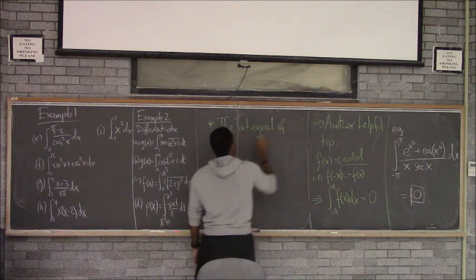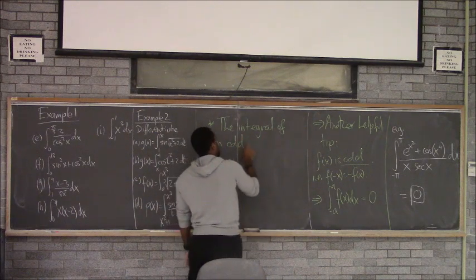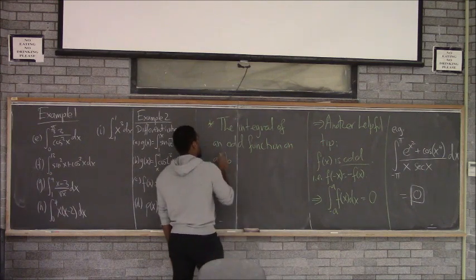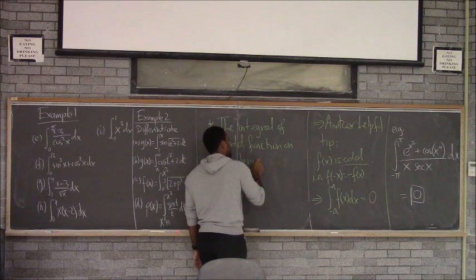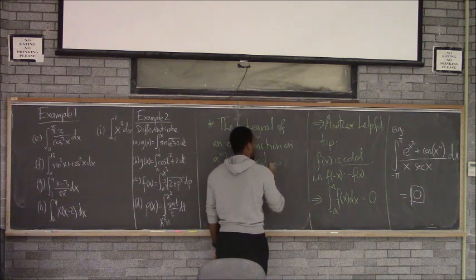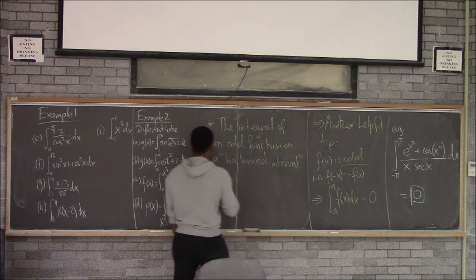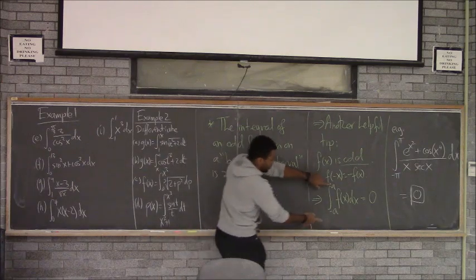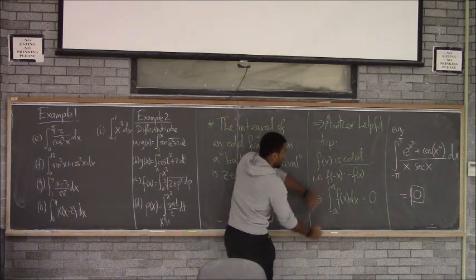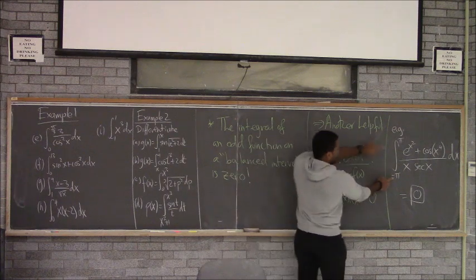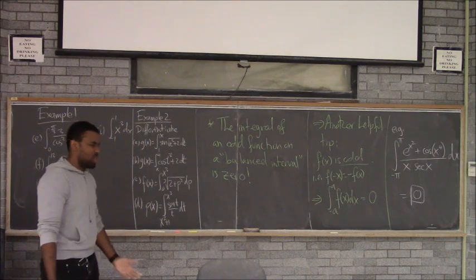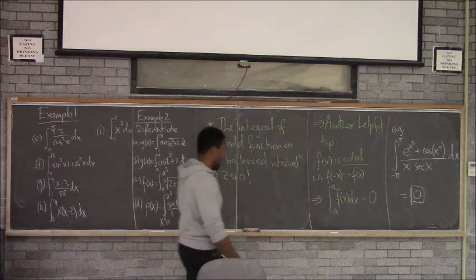The integral of an odd function on what we call a balanced interval, I mentioned that last time as well, just to remind you, is 0. Balanced interval: once you're going from a negative number to a positive number, it's non-zero. Negative number to a positive number. If you realize that your function is odd, the answer is going to give you 0. You don't have to actually calculate it.